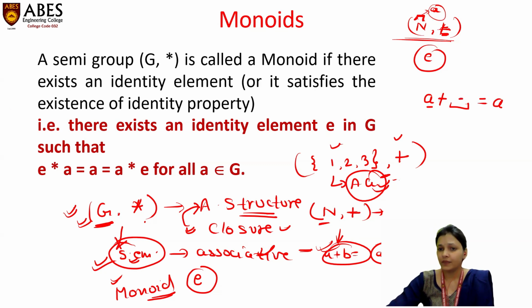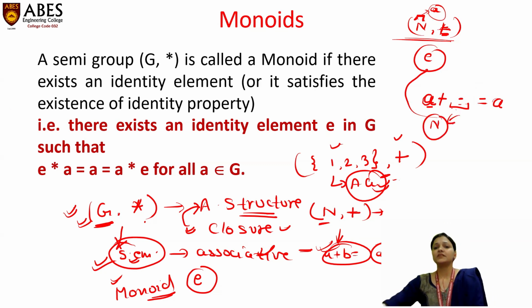If we get this particular value and it is in the given set, then we will say the identity element exists. In this case, A plus 0 gives us A.